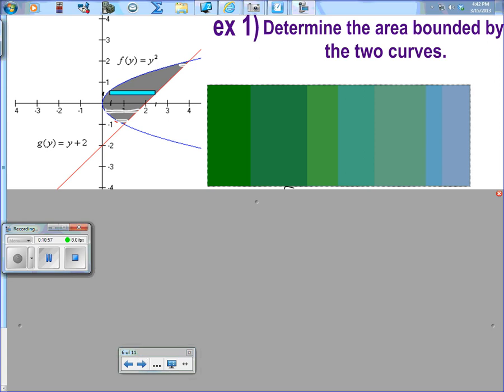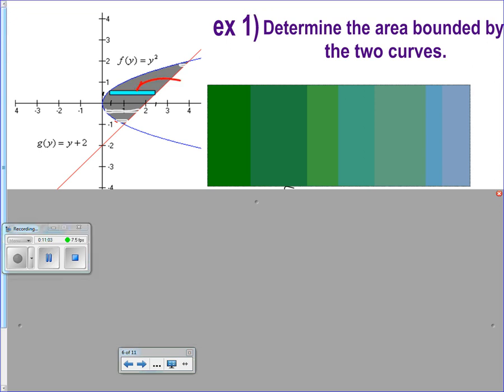I hope that you all, I know I drew a little rectangle in there, but if that rectangle was not drawn in there, you should have drawn it. Make sure you always draw one, and then you say, I need to find the area of just that one. Now you know that the width of that rectangle is delta y, so all of your stuff is going to have to be in terms of y. And remember how we said to find that length?